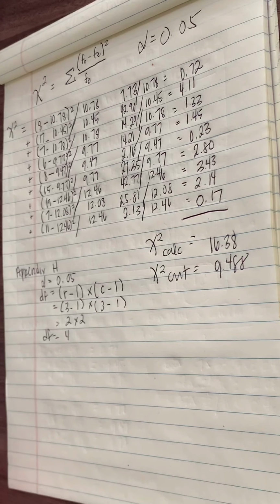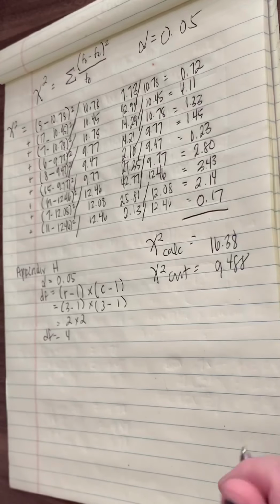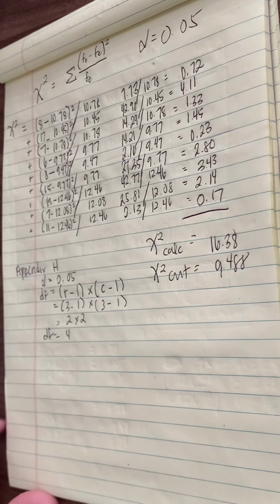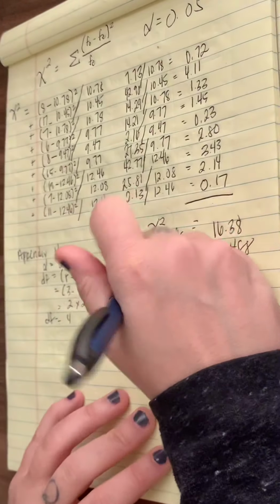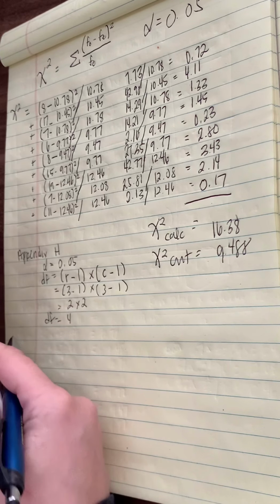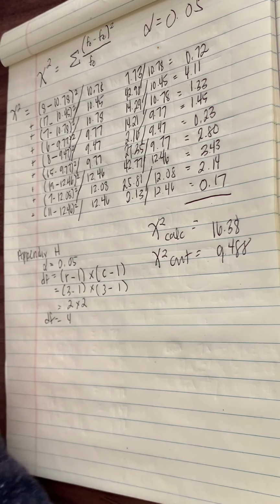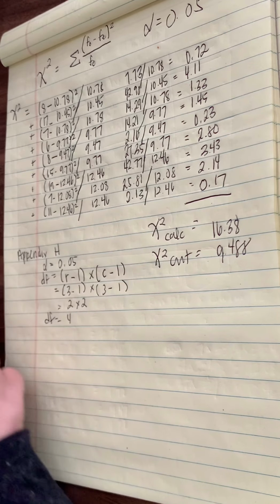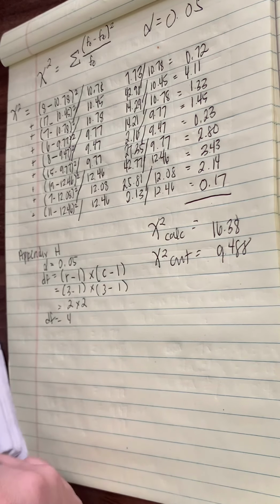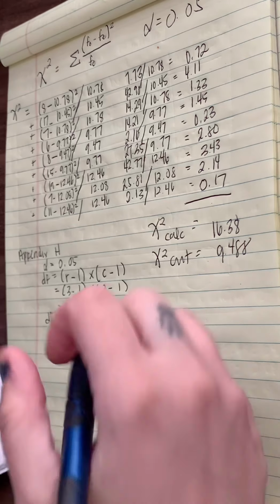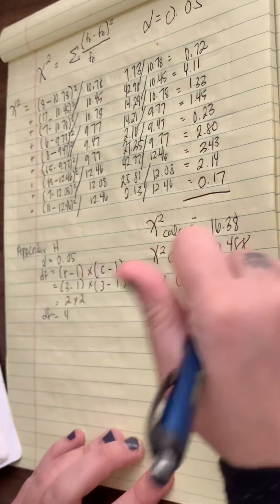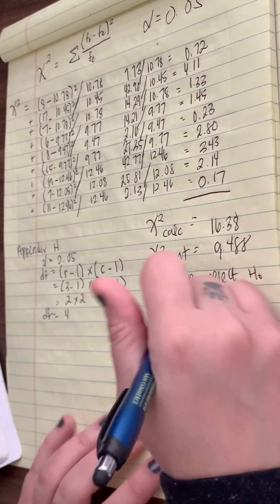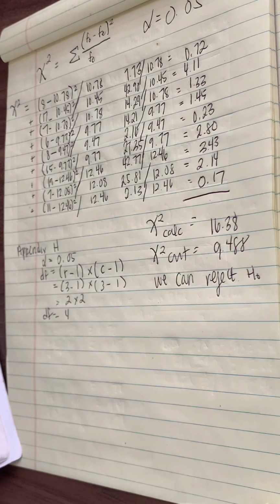Okay, so just as before, we're going to compare our calculated value to our critical value. Our calculated value is greater than our critical value. And as we know, when we have a calculated value that is greater than our critical value, we can reject the null hypothesis, with the knowledge that 5% of the time we've committed a type 1 error.